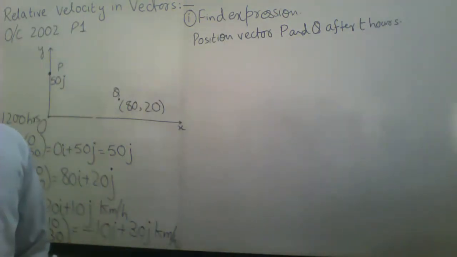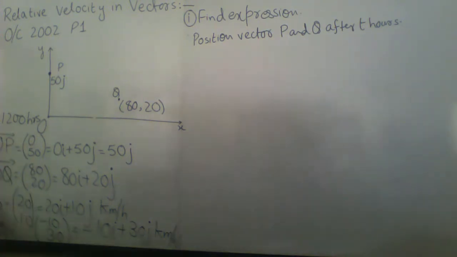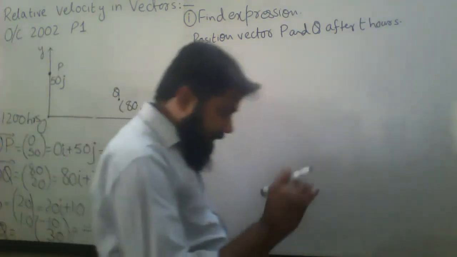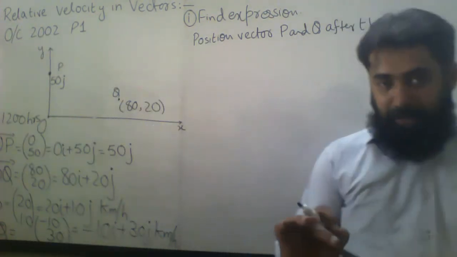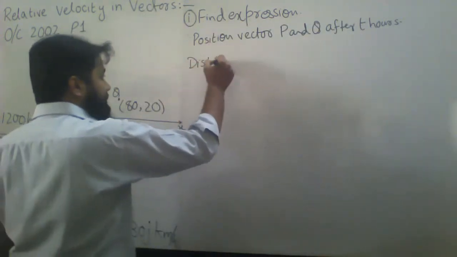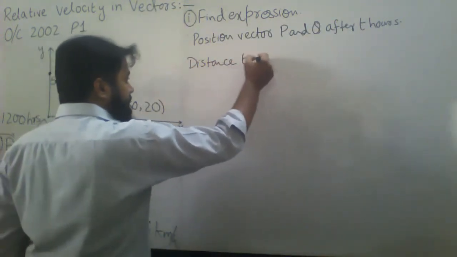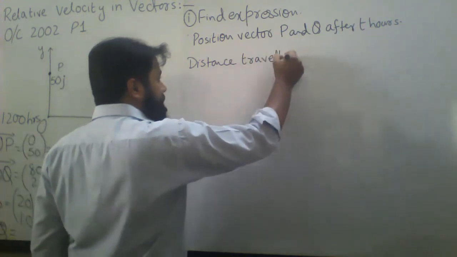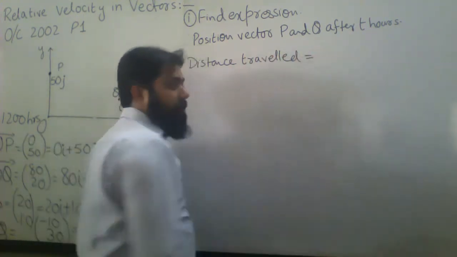How will I find the position? So I have got Vp and I have got Vq. Okay, so we know the distance traveled. How do we write distance traveled? Distance traveled is equal to what?